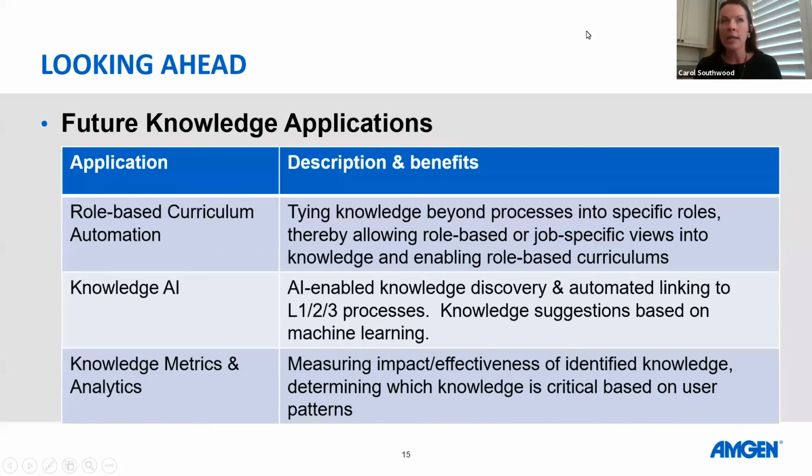I had to go in and sit down and walk them through. When you execute on this activity within the process, what are the controlled documents that you refer to? What are the training courses that you go into LMS and sign up to take? What's on your training transcripts? Then I had to ask the questions, what's the risk when you execute this activity, if you don't do it precisely, what happens?